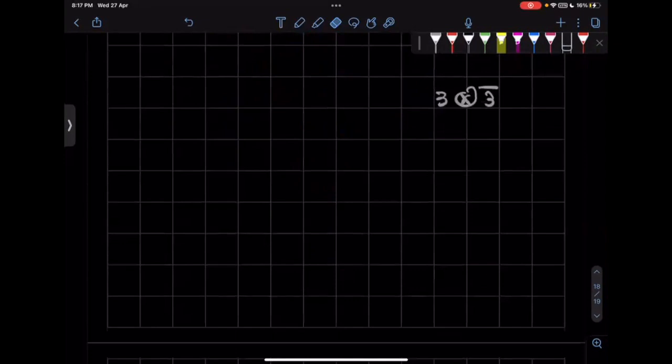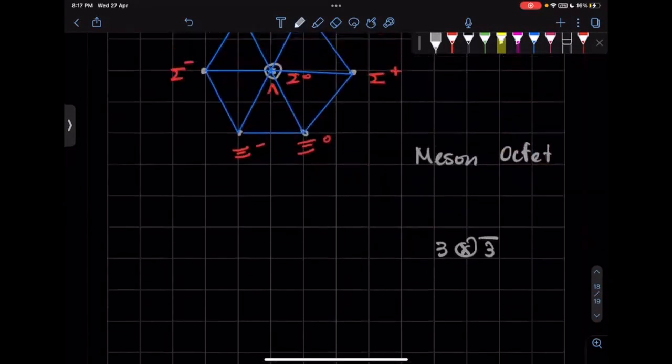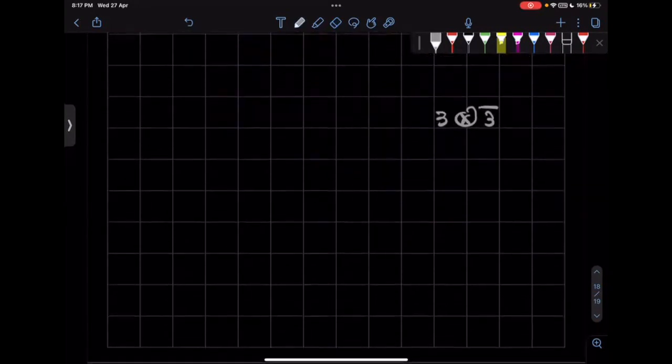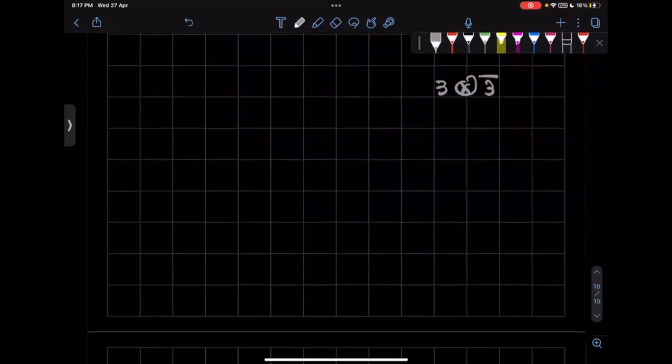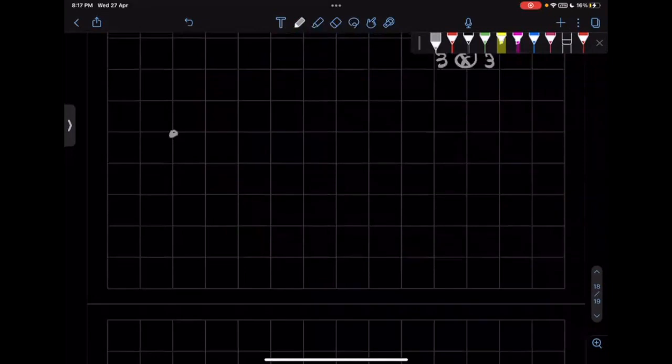And then he also found what is known as the decuplet. It's a 10. It's a 10-dimensional irreducible representation of SU3, and it looks like this. There are 4 over here, and I'm just going to draw the lines first so it becomes easier for me.